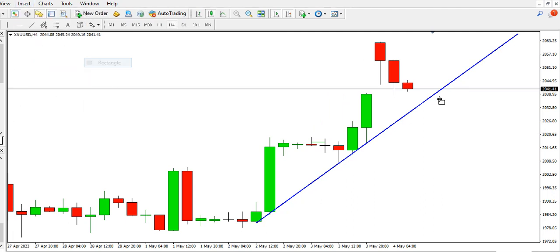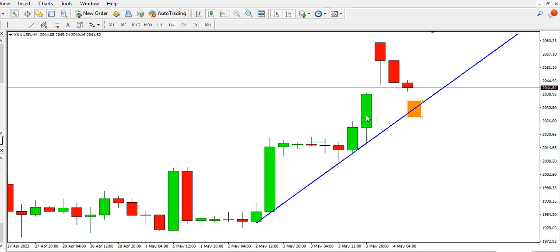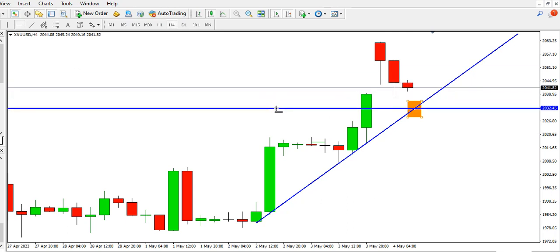We're looking at the 2032 area. That could serve as support for price to go up a bit before dropping, whereby we have a change of character.